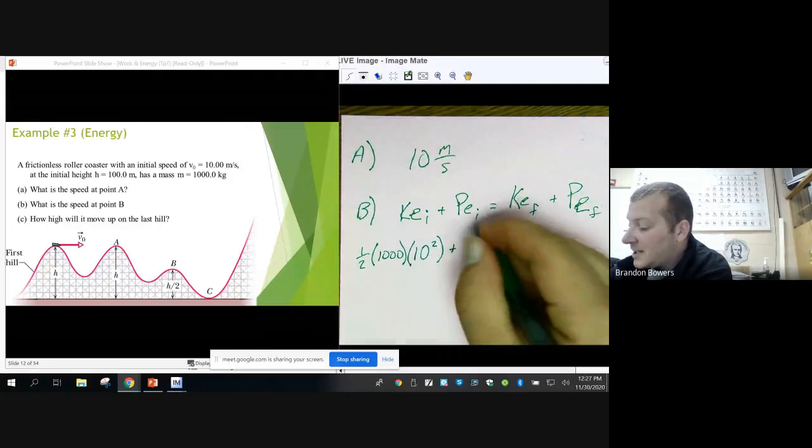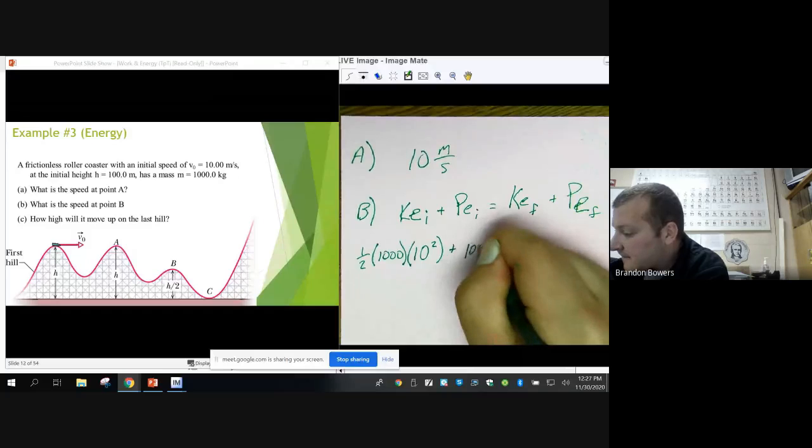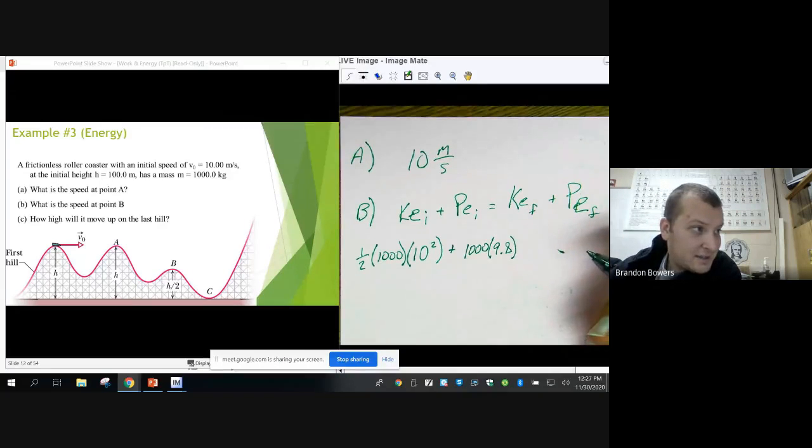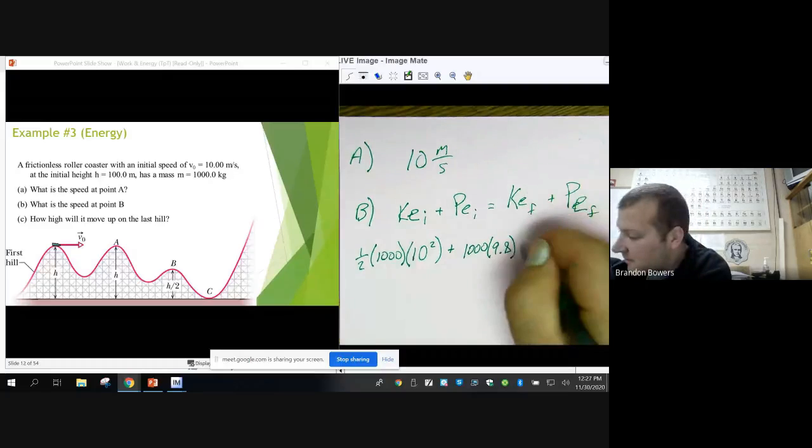Plus the potential energy, so mass times gravity times height. So my height at the initial was 100 meters.